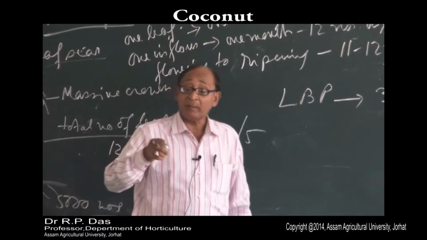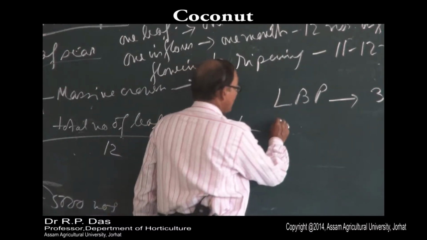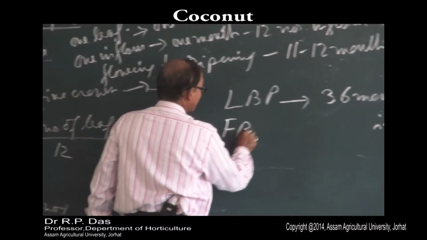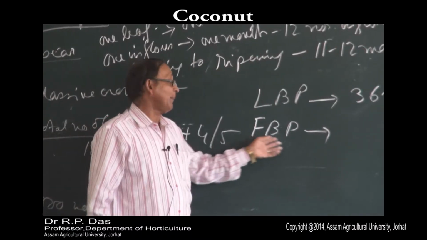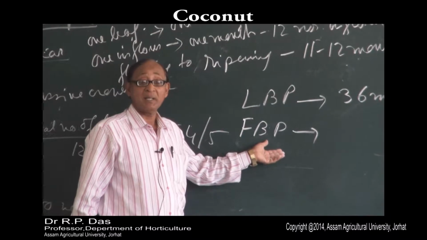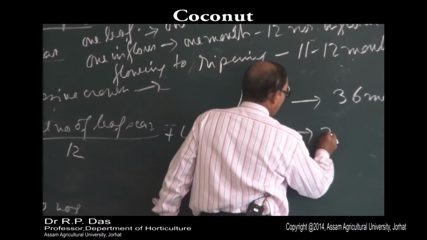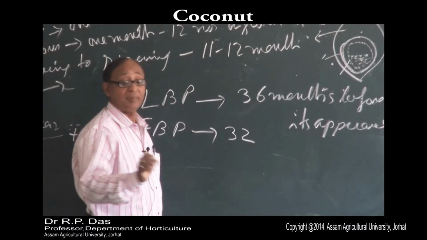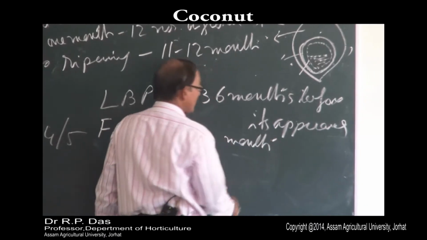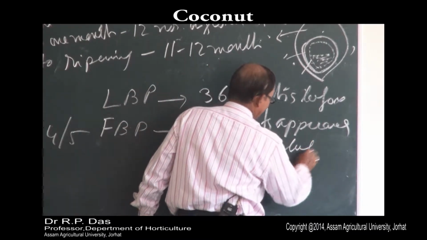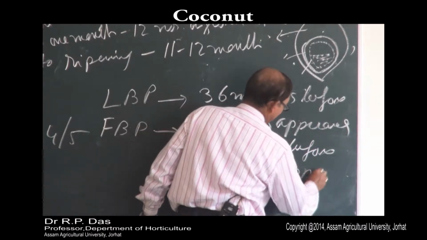And in the axil of each leaf, there is a production of one inflorescence. So, flower bud differentiation, flower bud primordia, FBP, that is flower bud primordia, initiated from the axil of the leaf 32 months before its appearance.